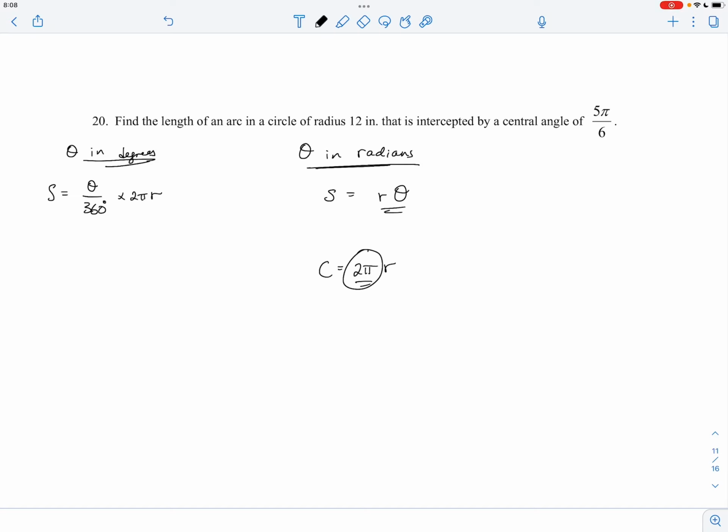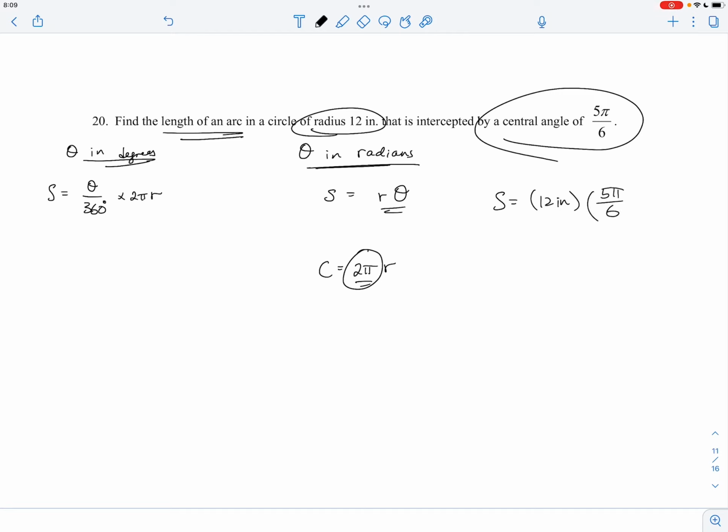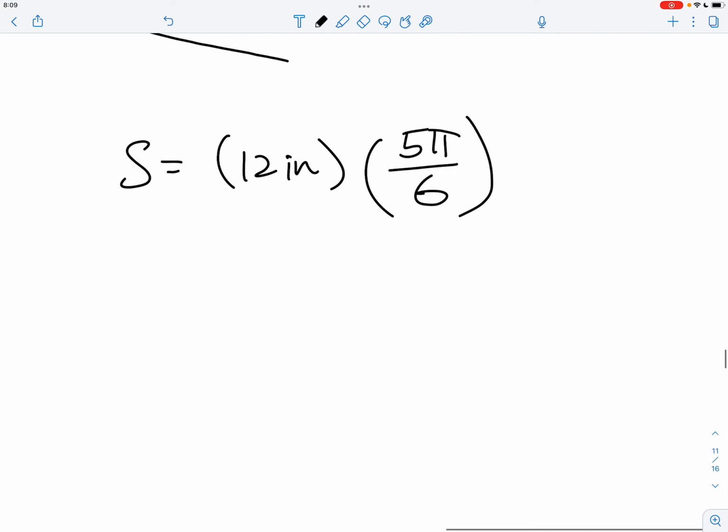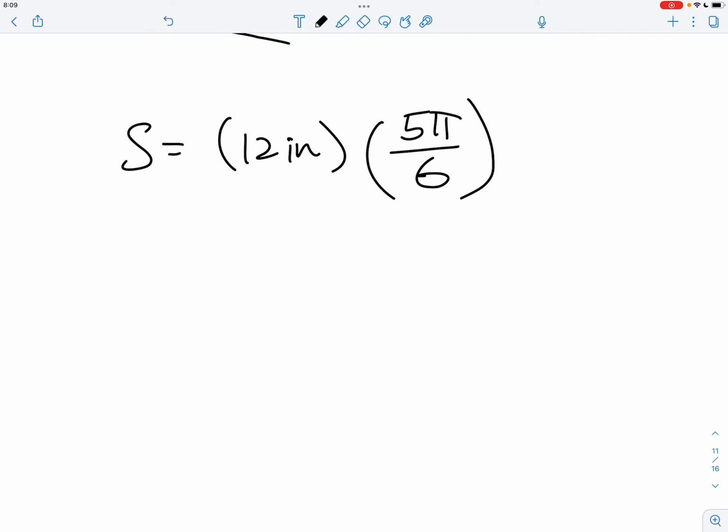So if it says find the arc length when the radius is 12 inches and the central angle is 5 pi over 6, we basically just plug in numbers, like this, r theta. That's it. And here's another thing: please, please, please simplify before you multiply.